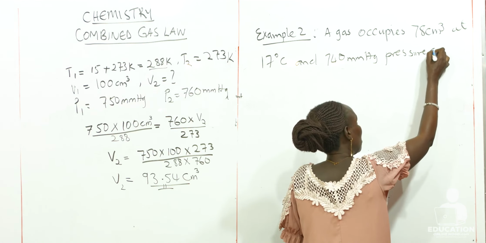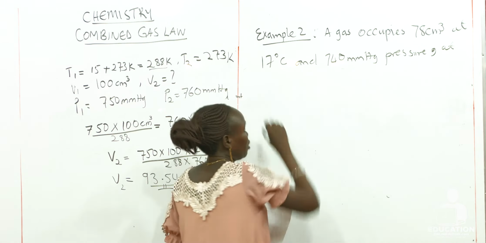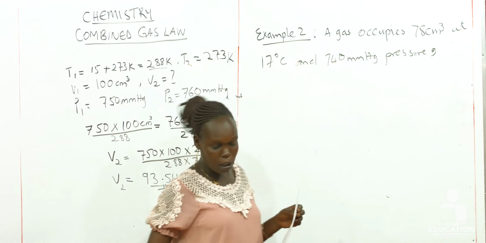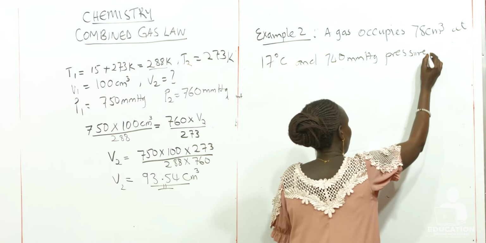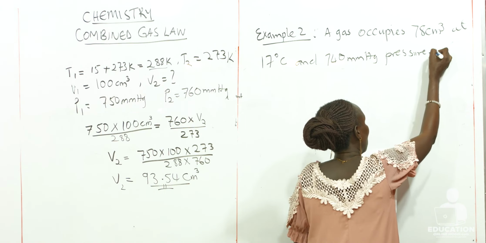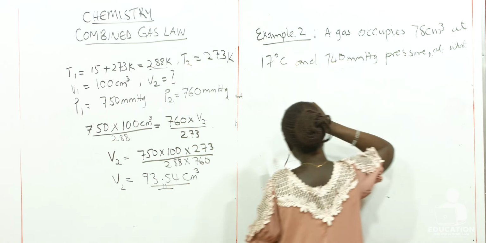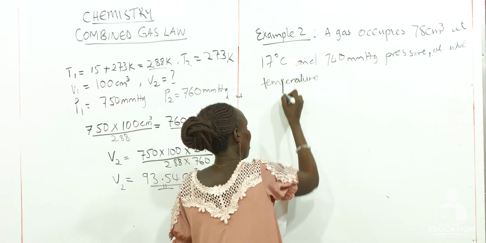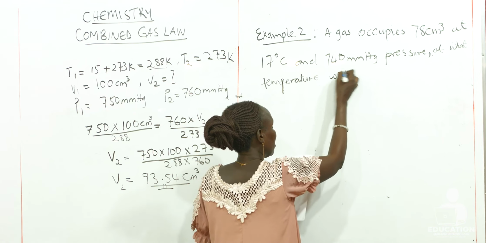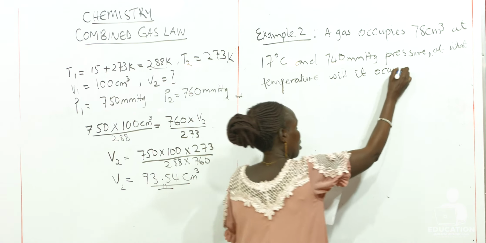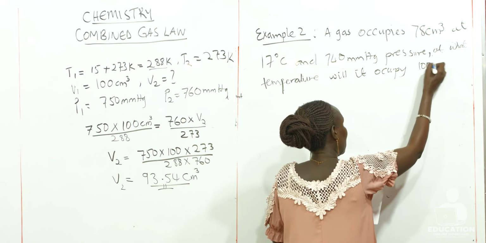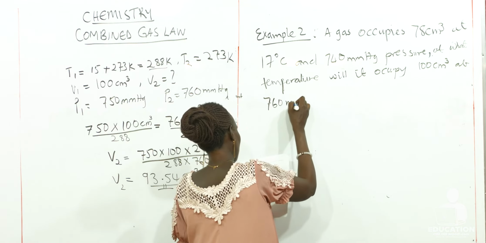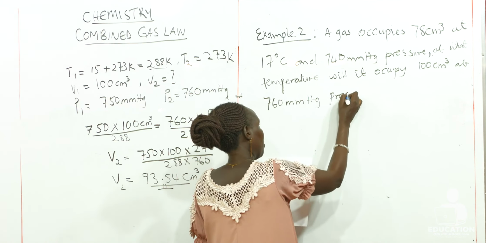So at what temperature will it occupy 100 centimeter cube at 760 millimeters of mercury pressure?